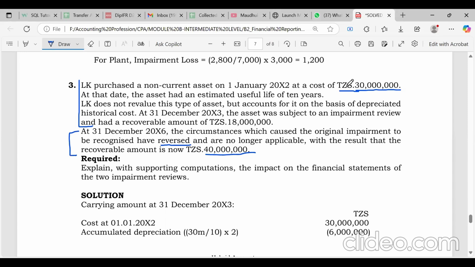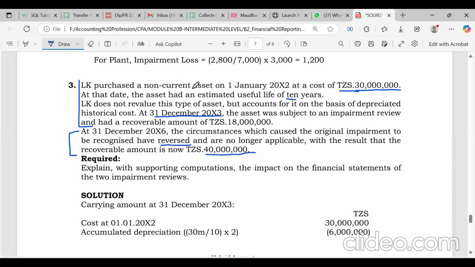We are told the asset was purchased at this amount, with a useful life of 10 years and no residual value, presumed to be zero. The asset is not revalued, so we use the cost model. Then at 31st December 2023, the asset is subjected to impairment review with a recoverable amount of this much.